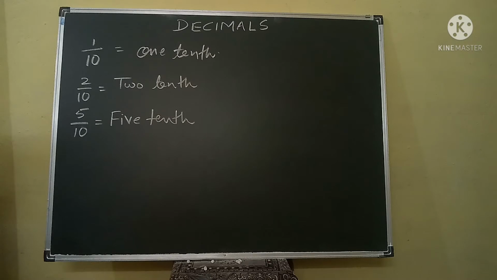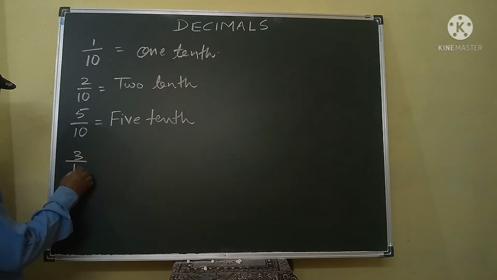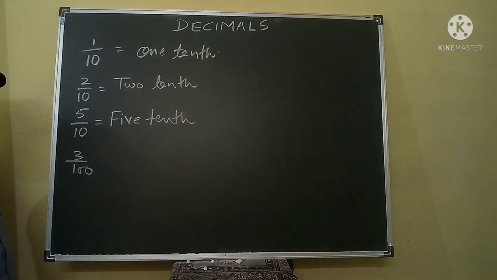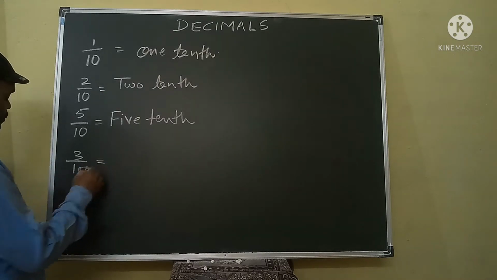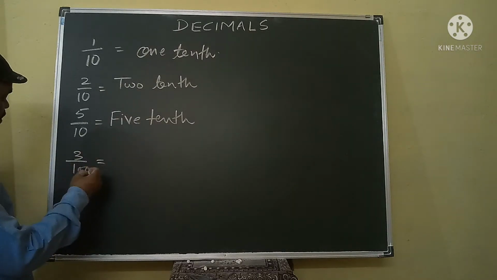Okay. In other example, suppose this is 3 upon 100. As you are looking, denominator is 100. So what can you read this decimal fraction?